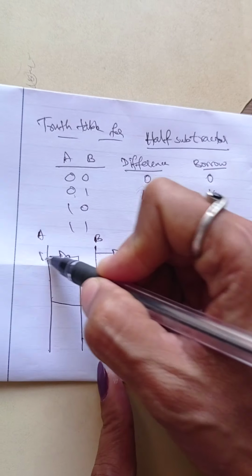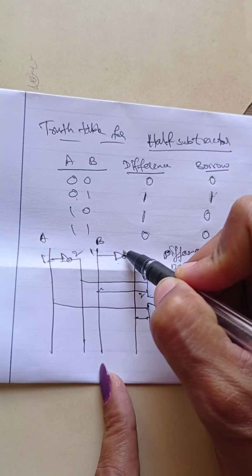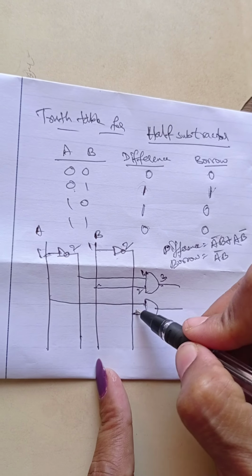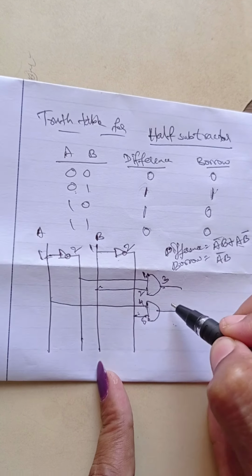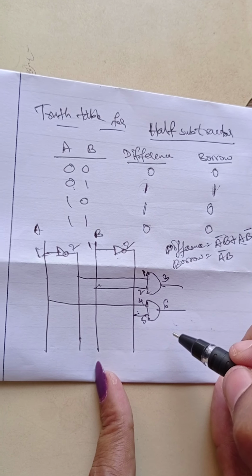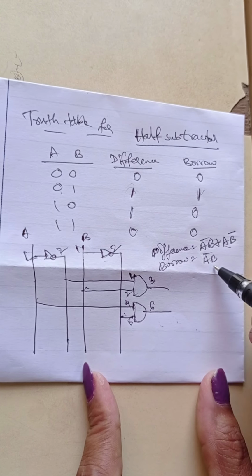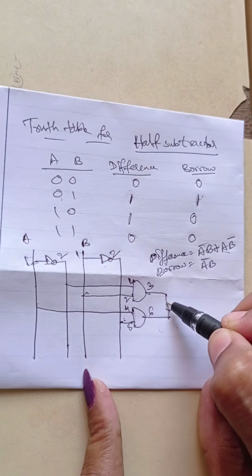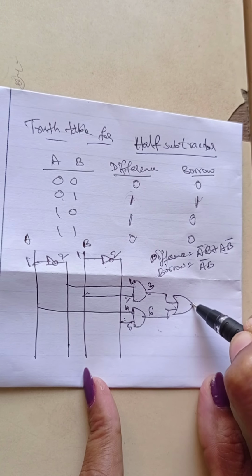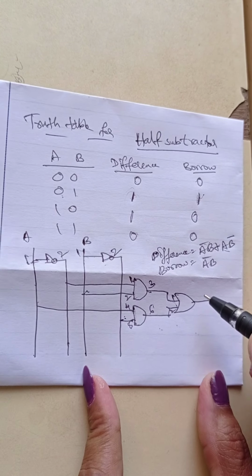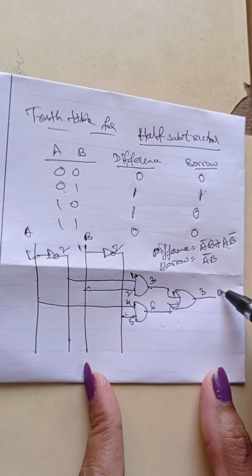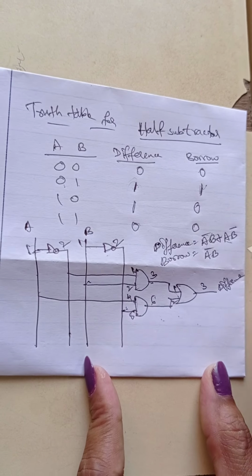This is NOT gate pin number 1, pin number 2. Now take here 4, 5, 6, 7 is ground. Next, connect these two for OR gate, that is pin number 1, 2, and take the output from pin number 3. This becomes difference.